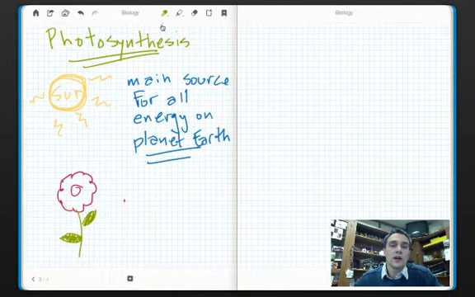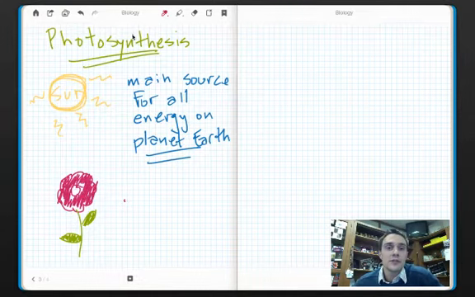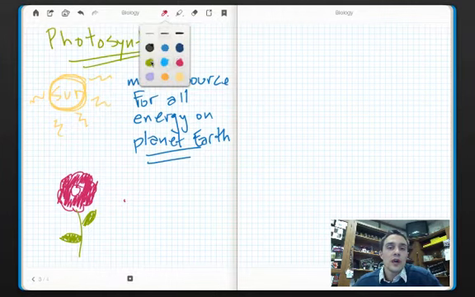Now the sun gives off a few different forms of energy, but the one that we're going to study in this unit is light energy, solar energy. Well, this flower, and other plants like big old maple trees, sycamore trees, red cedar trees, they do a good job of absorbing this sunlight.